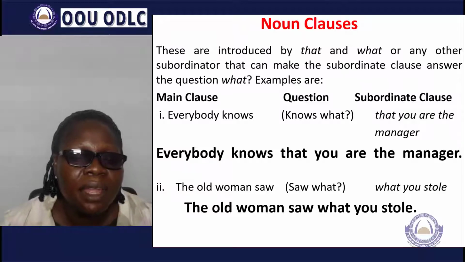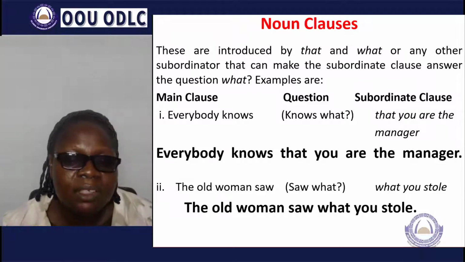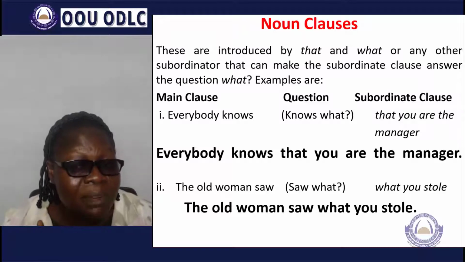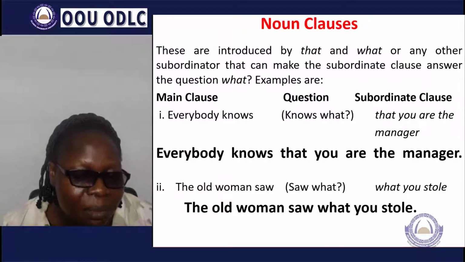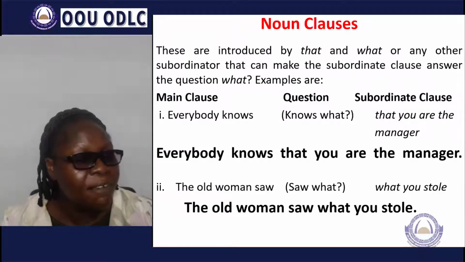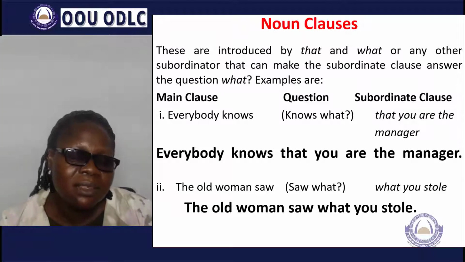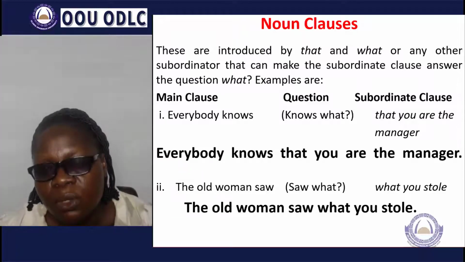The noun clause there is that you are the manager. Look at it this way. That you are the manager is what everybody knows. Now, everybody knows that you are the manager. So that second part of the sentence, that you are the manager, is a subordinate clause.